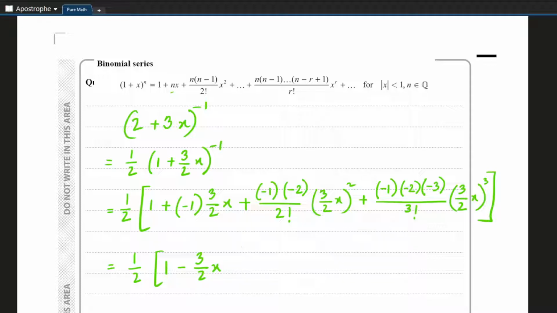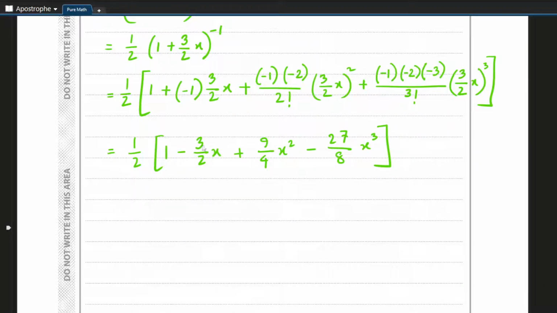This whole thing becomes 9 over 4 x squared, and then negative, there are 3 negatives, so ultimately we'll have 1 times 2 times 3 divided by 3 factorial, multiplied by 3 cubed divided by 2 cubed, which is 27 over 8 x cubed, if I'm not mistaken.